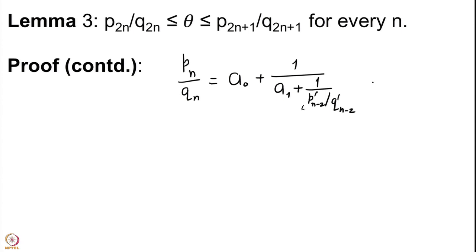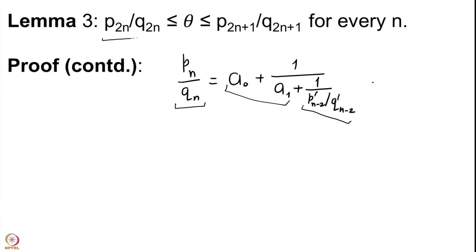So, here you will have 2n minus 2 plus 1 integers, which are 2n minus 1, and then these two will give you 2n plus 1 integers, which is what we should get in the continued fraction expansion for Pn by Qn.